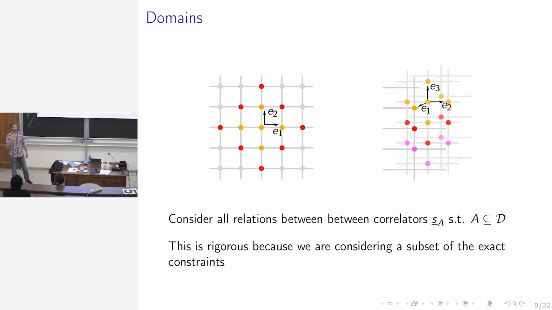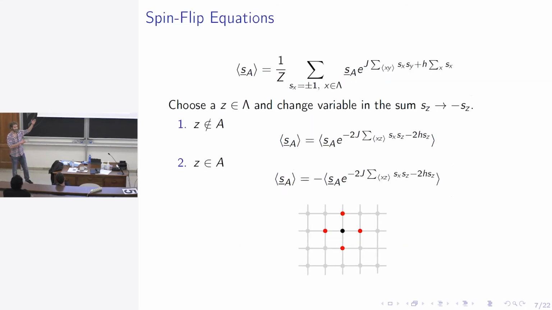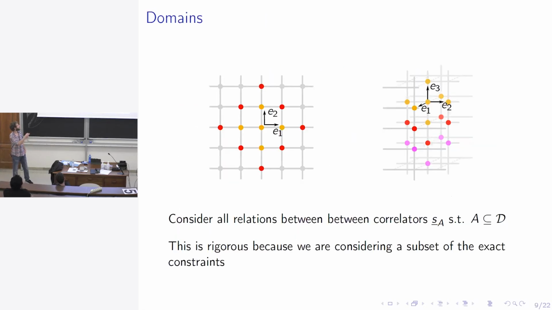In principle, you can start with any A, any infinitely complicated A, so you get infinitely many constraints on an infinite lattice. But what we do is we truncate to some finite subset of the lattice, and then we keep only the constraints that are completely included within the lattice. So this is a rigorous truncation because we only throw out some of the constraints, but we don't modify the constraints that we keep.